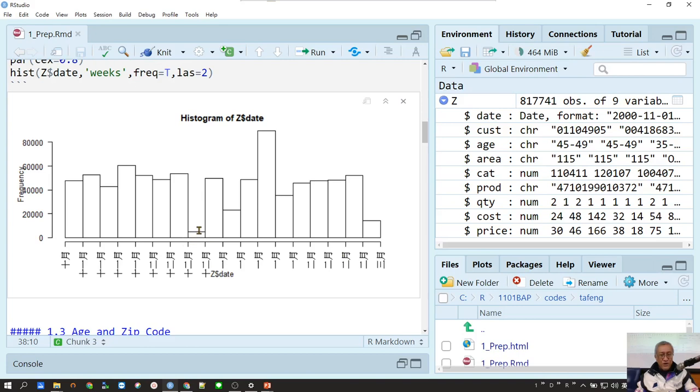And for some reason there's a break here. It looks like Christmas, but in Taiwan we don't really have Christmas break, right? So it's quite strange. I don't know what happened here. But that's what happened. And there is a peak here. Looks like it is the Lunar New Year, in Taiwan, right?